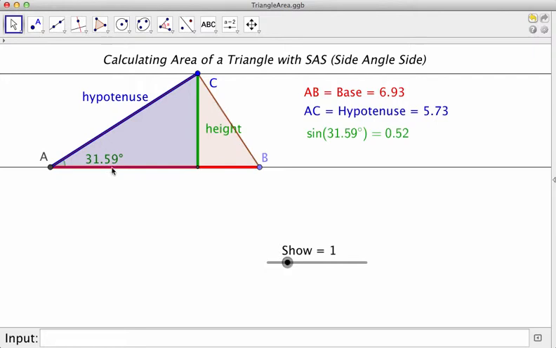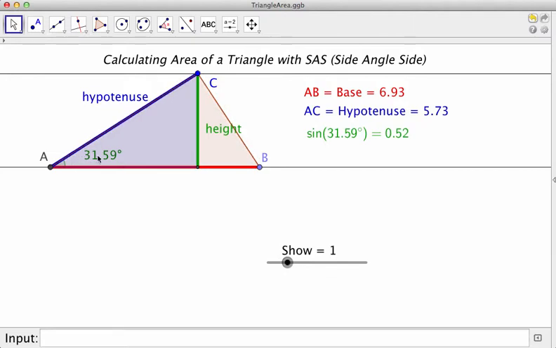So since we have created a right triangle, we can use SOHCAHTOA. In this case, what we're interested in is the height, and what we already know is the hypotenuse, which we said was 5.73. So when we're talking about height, or opposite side, and hypotenuse, we're talking about the sine of the angle.